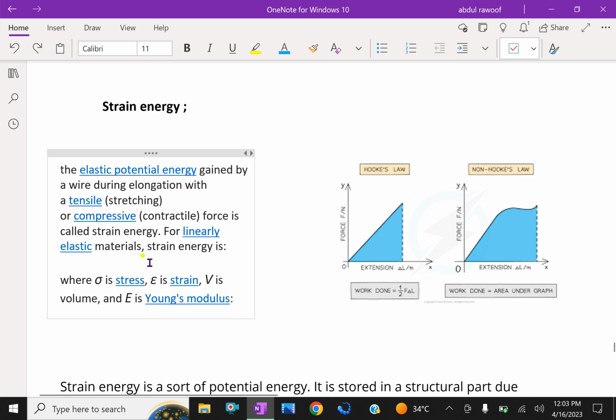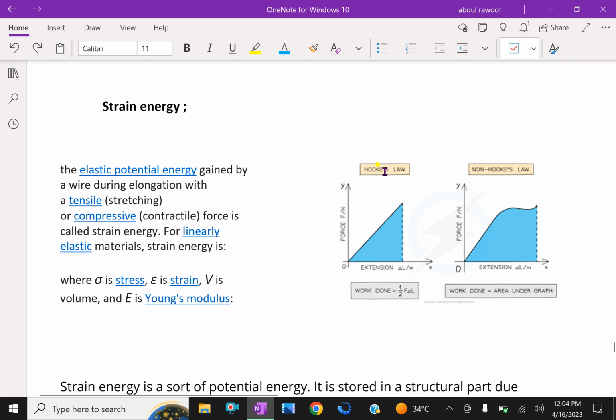For linearly elastic materials, strain energy is half sigma times strain times V, where sigma is stress, V is volume, and E is Young's modulus. Look here: work done equals half into force into distance, half F delta L. That is the strain energy stored here.